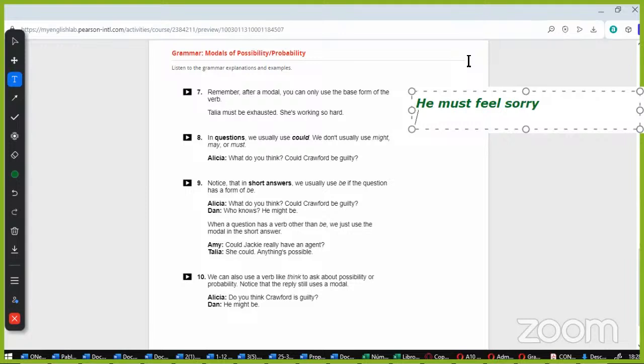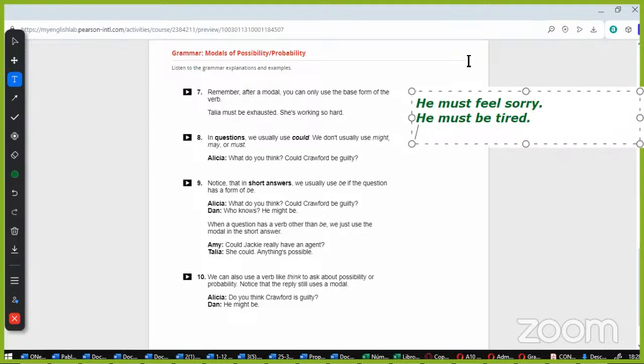Must feel sorry. Or he must be tired or something like that. So after the modal, we use the base form, like here it's feel, be, the base form of the verb.